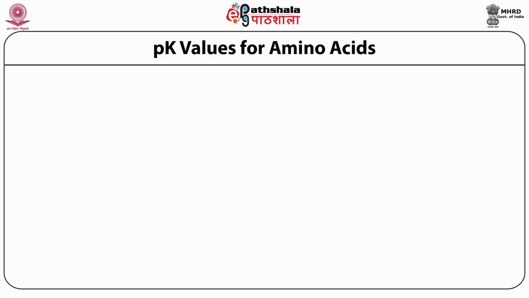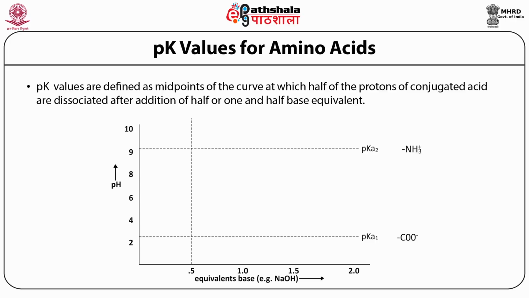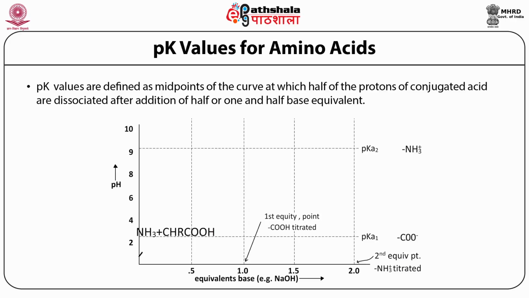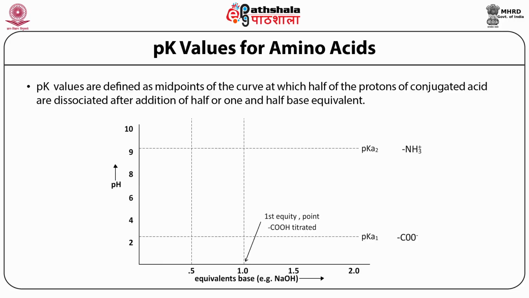pK values for amino acids. pK values are defined as the midpoints of the curve at which half of the protons of the conjugated acid are dissociated after addition of half or 1.5 base equivalent.